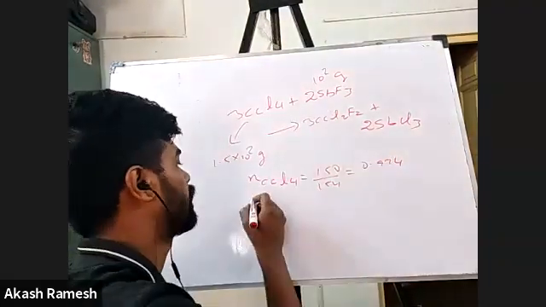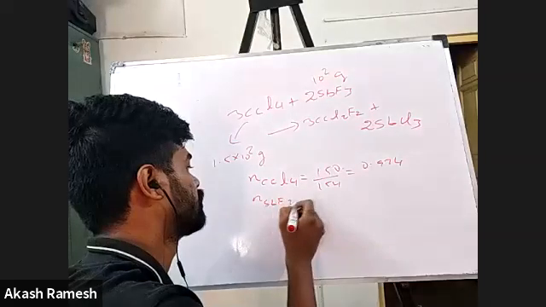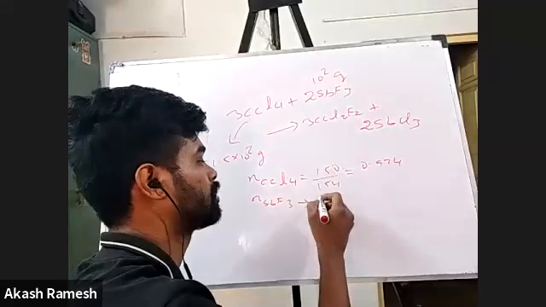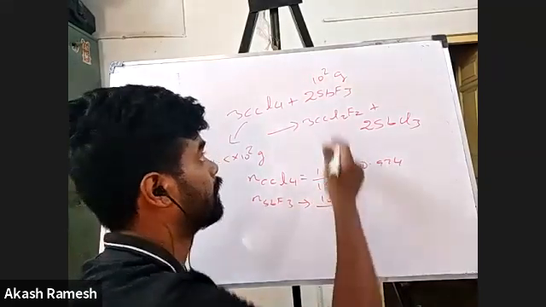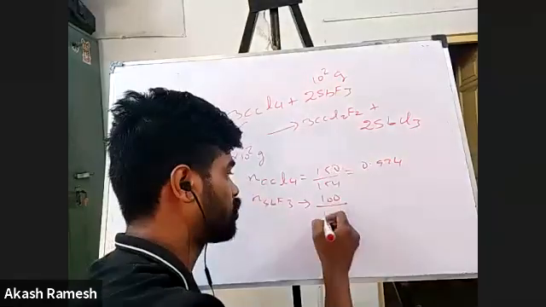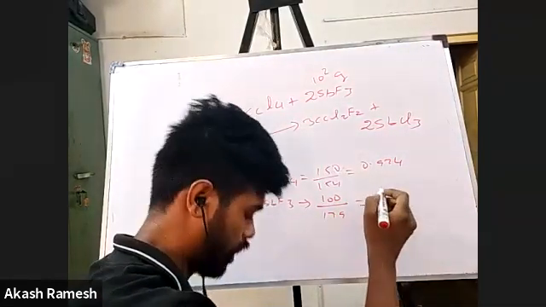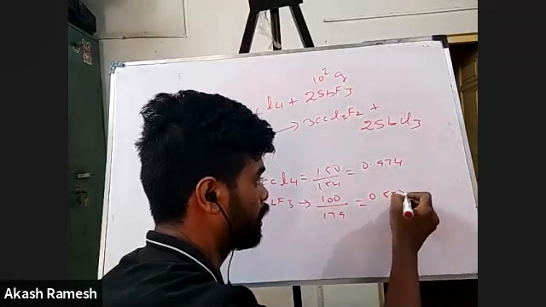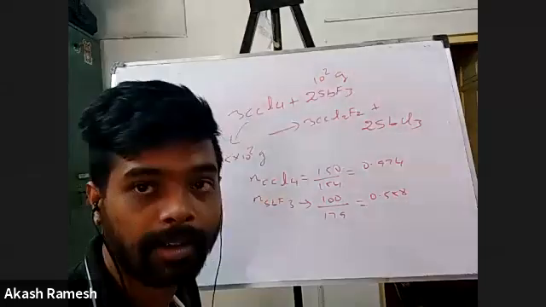And if I calculate the number of moles of SbF3, it would be 100, that is 10 to the power 2 grams, the given mass. 100 divided by SbF3's molecular mass, 179, and you will find the number of moles to be 0.558. Done, right?